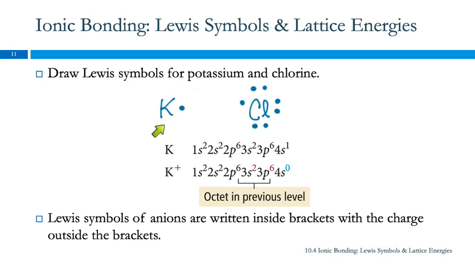So we talked about ions and their electron configurations, and how this potassium atom is going to lose 1 electron, right? Here we have the electron configuration for the potassium atom, and we see it's got this 1 valence electron here. It's going to lose that 1 valence electron. When it does that, does it now have 0 valence electrons?